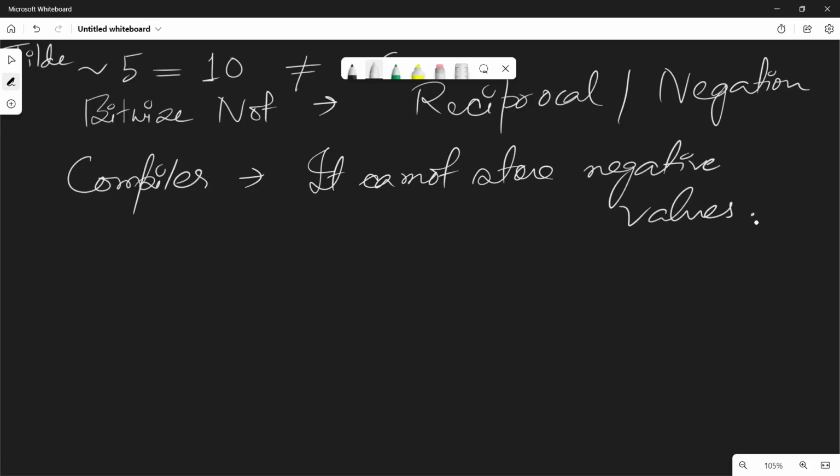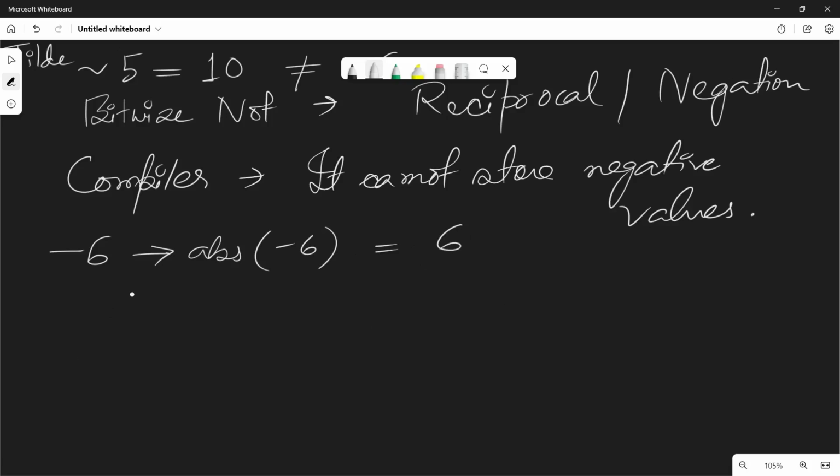Just remember that. I'm giving you this answer for theory and your technical rounds. Wherever you get this question, you can answer it like that. Your compiler cannot directly store negative values. So what we do, we take the negative value minus 6 and take the positive or the absolute value, abs. So ultimately it will become 6, right?